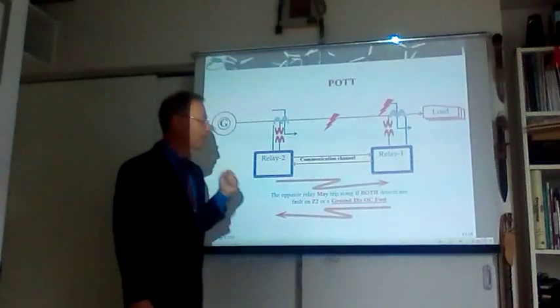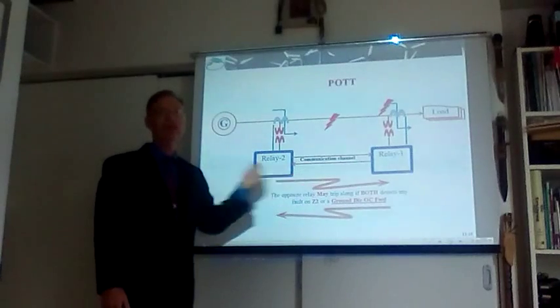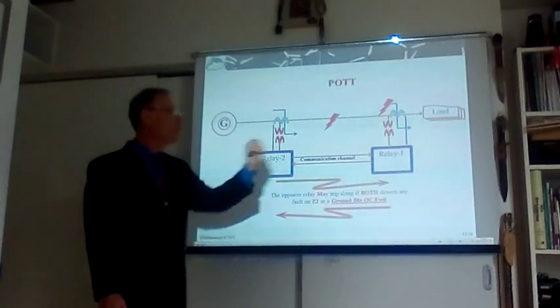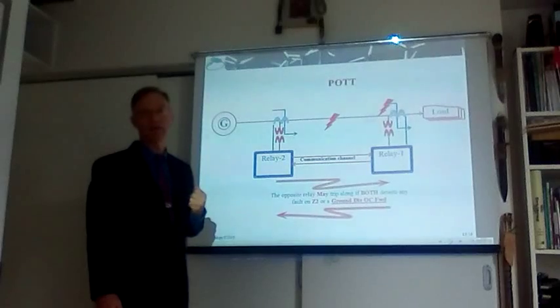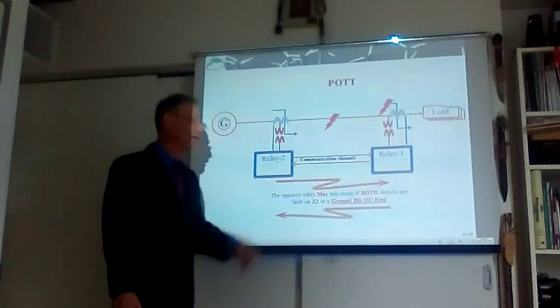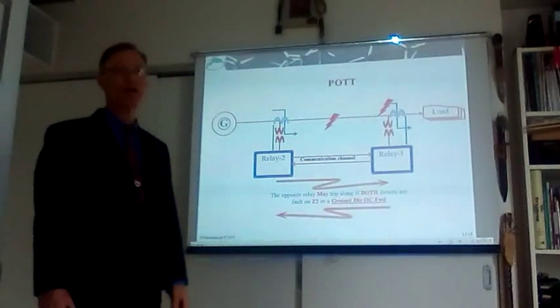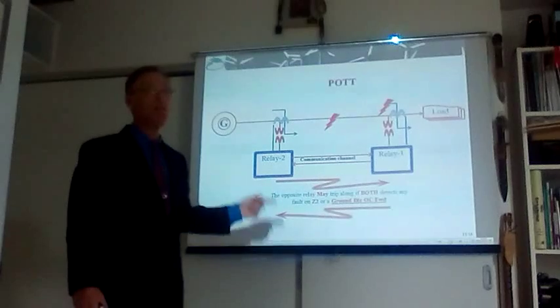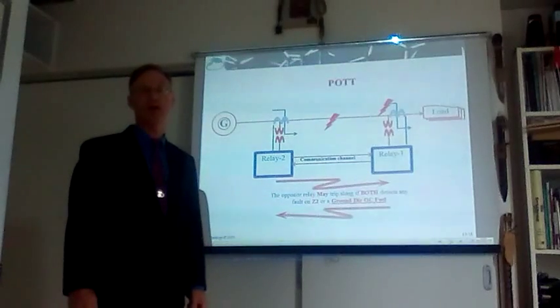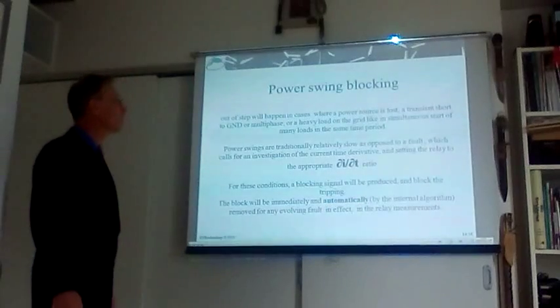So the command to trip is not immediate. It is a suggestion. Basically, it's asking, relay number 1, are you seeing the fault as I am, relay number 2? If it does, trip. But if you don't, maybe it's just a hiccup on the line and not a real fault.